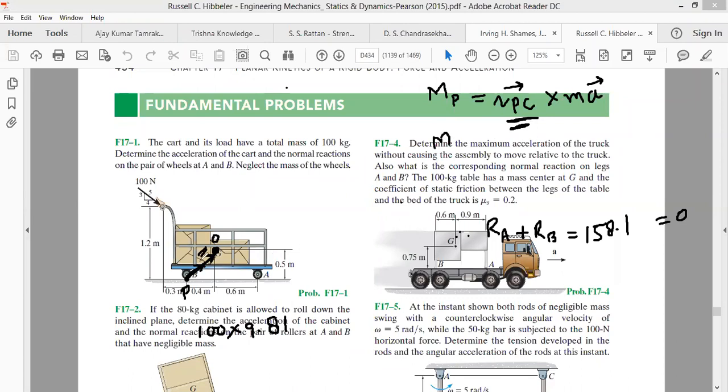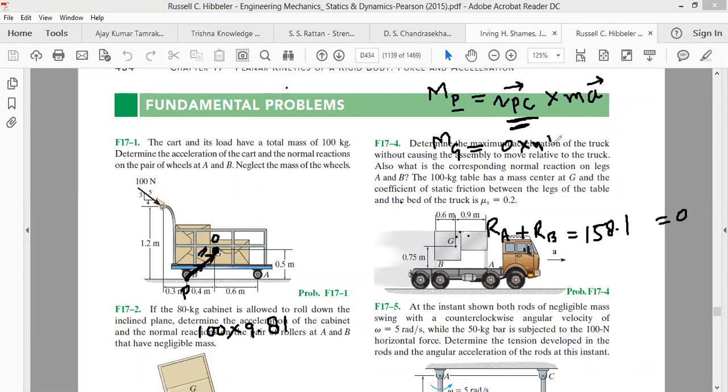So if I take the moments about the center of gravity instead of point P, it was RPC, the radius vector drawn from point P to point C. If you take the moment about point G, then it will be RPG, the radius vector drawn from the center of gravity to the center of gravity. That will be equal to 0.